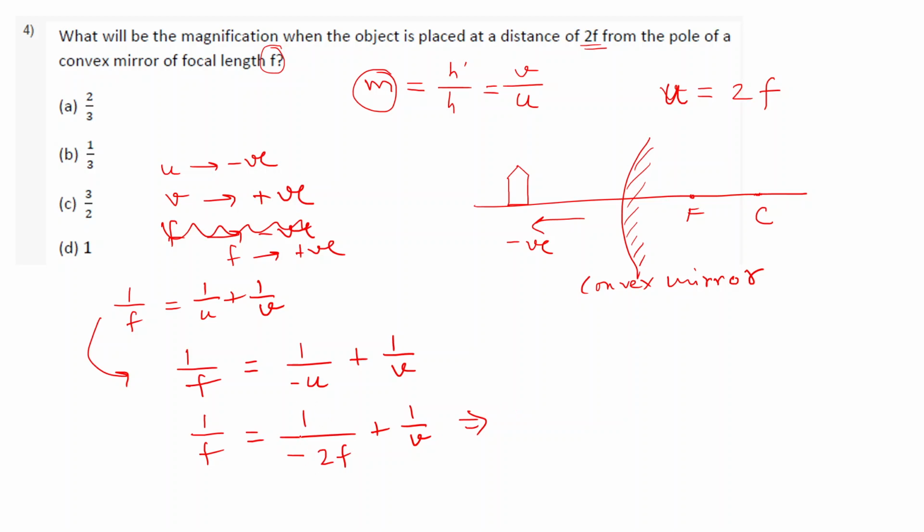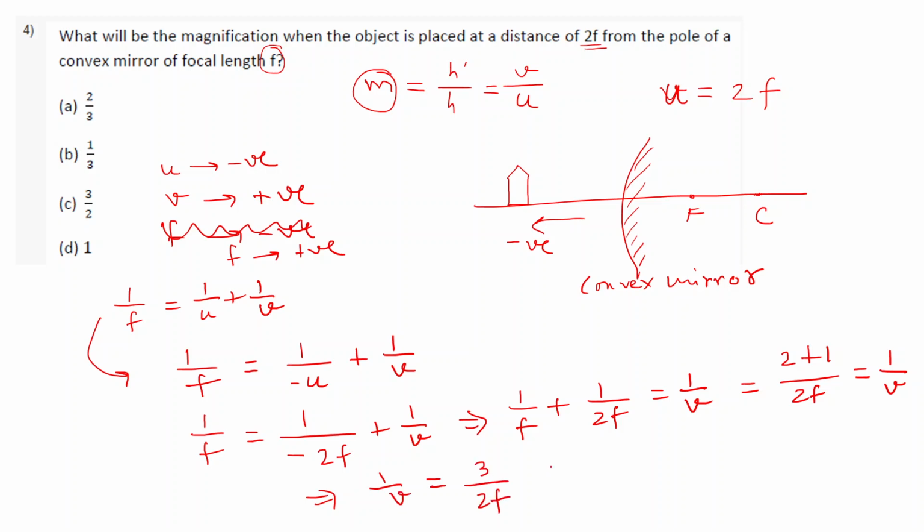So if I send this minus 1 over 2f to the left side, it will be 1 over f plus 1 over 2f is equal to 1 over v, which will give 2 plus 1 over 2f, so 1 over v is equal to 3 divided by 2f. It implies, when I take the reciprocal on both sides, v is equal to 2f by 3.